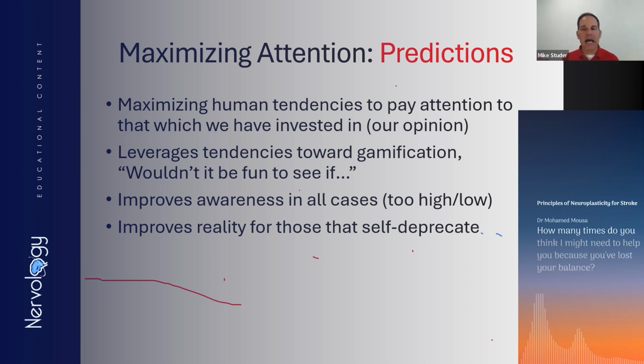How many times do you think I might need to help you because you've lost your balance? How much time do you think it's going to take for you to get your pants on? When a patient makes a prediction, it is by human nature that they're going to elevate their attention to see if their prediction came true.